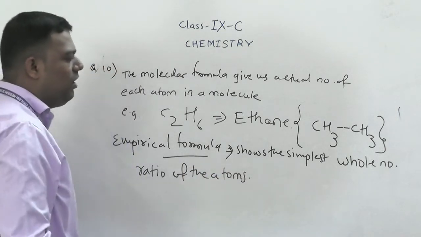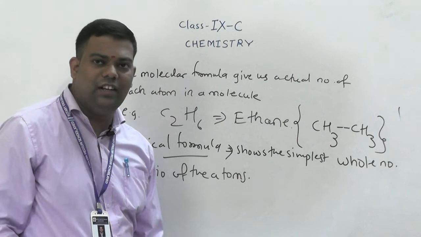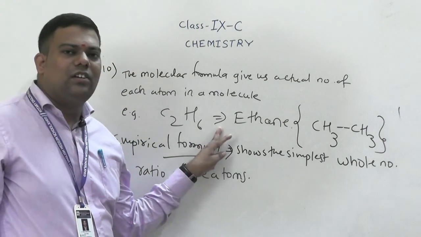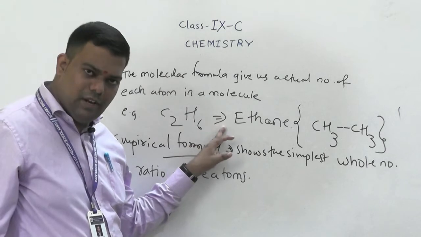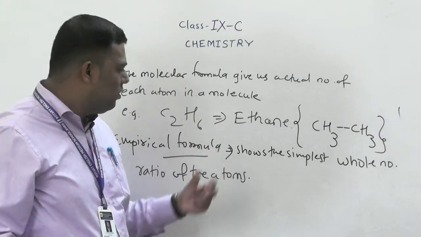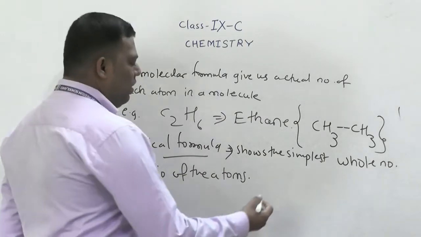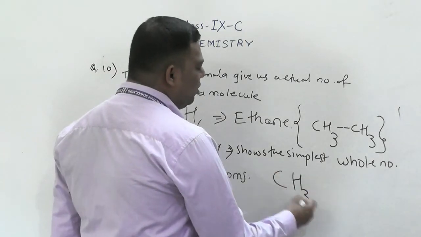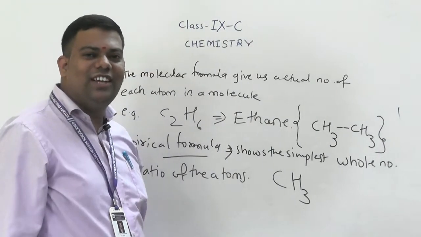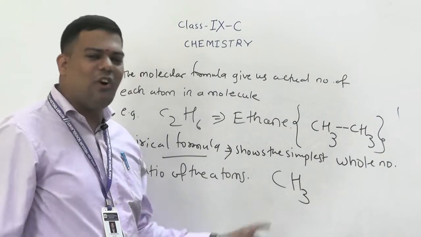So how are they giving the whole number ratio here? Suppose we consider this same example for the empirical formula, then it will be CH3 only. CH3 only. So from this what do we conclude?